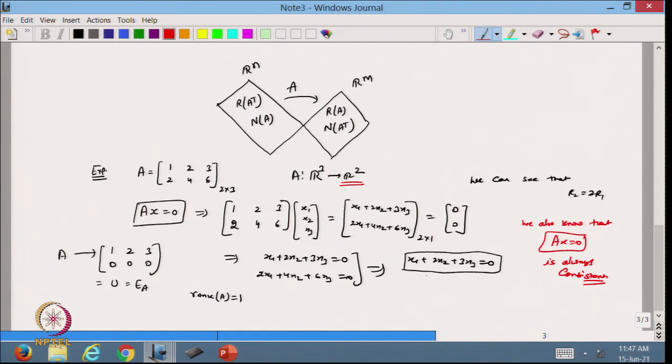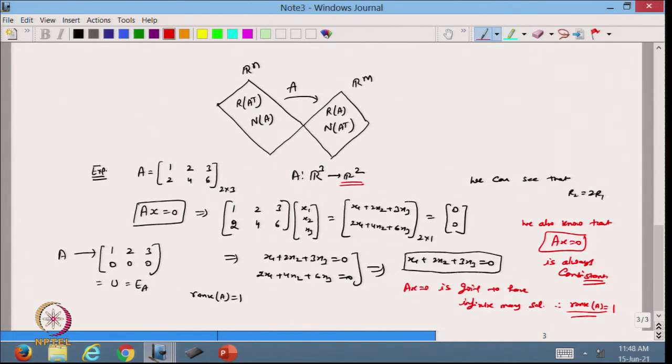So from here I can say that the system Ax equal to 0 is going to have infinitely many solutions, because the rank of A is equal to 1 and the number of variables is 3. By the way, even if the rank is 2, it is still going to have infinitely many solutions.